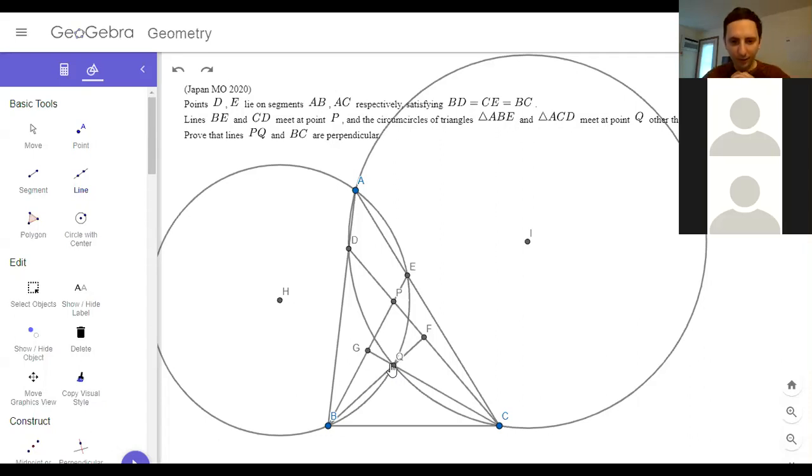It is interesting. Yeah, it feels to me like we're really close to solving it, but I just don't see immediately how to do it.